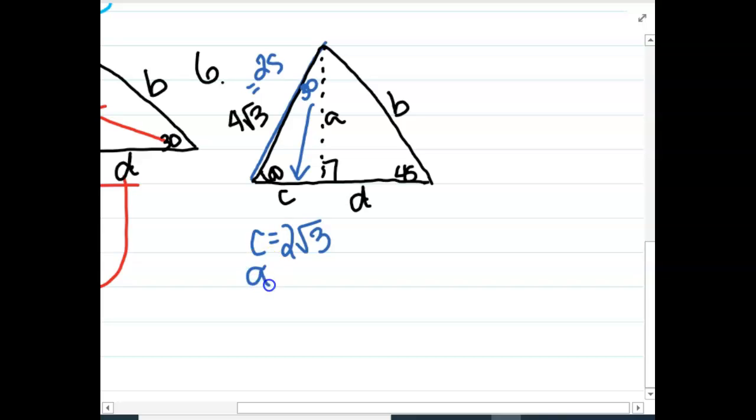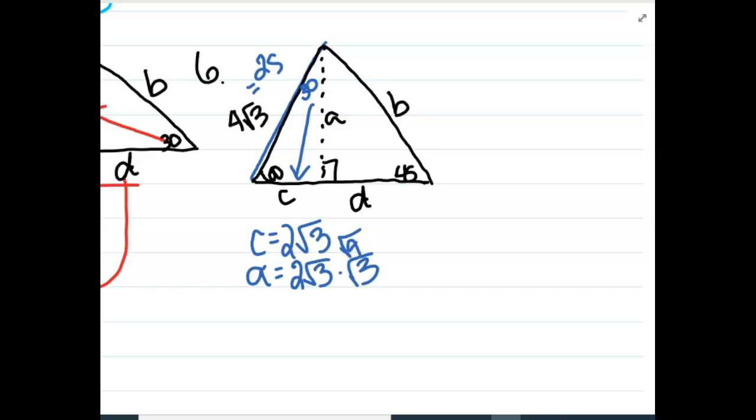Now to find A in a 30, 60, 90 triangle, that other leg is going to be S square roots of 3. So you're going to take the length of that shorter leg, which is 2 square roots of 3, and multiply it by the square root of 3. Kind of like we did before, you can multiply the 3's together. 3 times 3 is 9, but it would be the square root of 9.